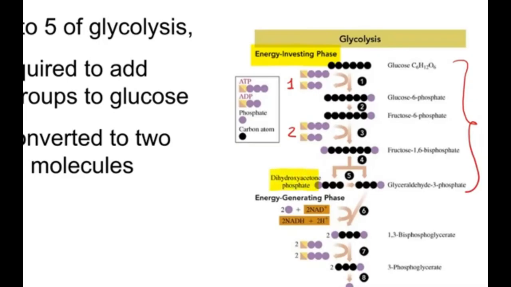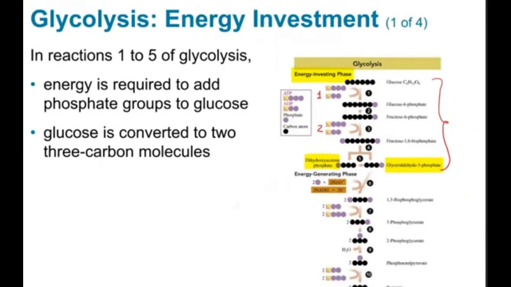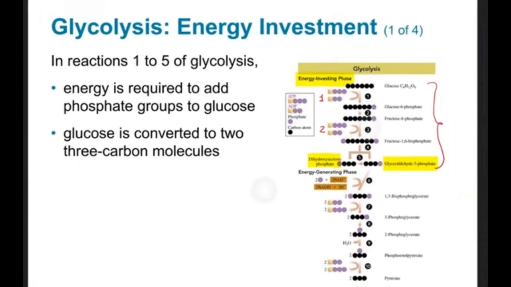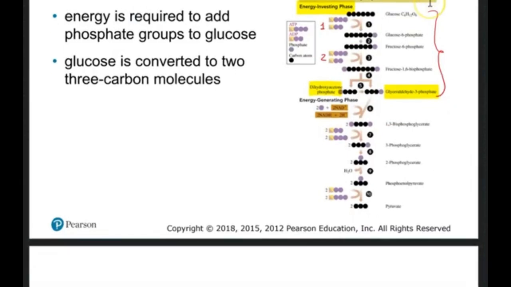One of them is dihydroxyacetone phosphate, and another one is glyceraldehyde 3-phosphate. So again, this is the energy investment phase because we spend 2 molecules of ATP.